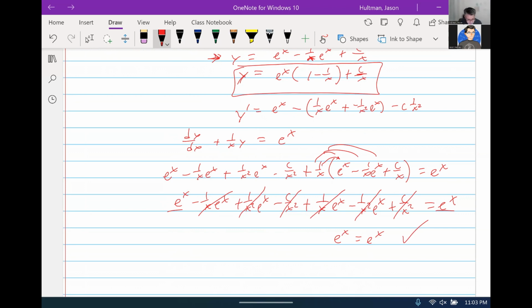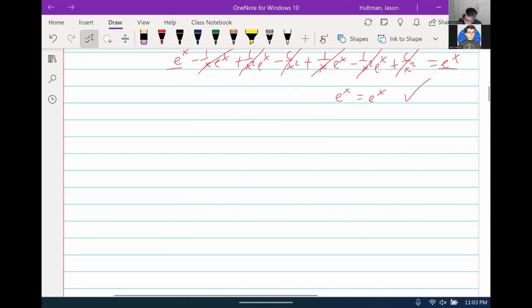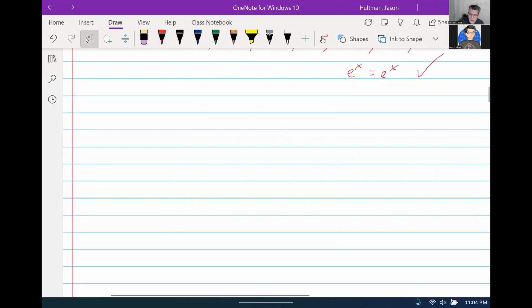Okay, let's do another one of these while we're at it. Okay, so we have number 2 here, dy dx plus xy equals x e to the x squared over 2. Okay, and we have an initial condition of y of 0 equals 1.